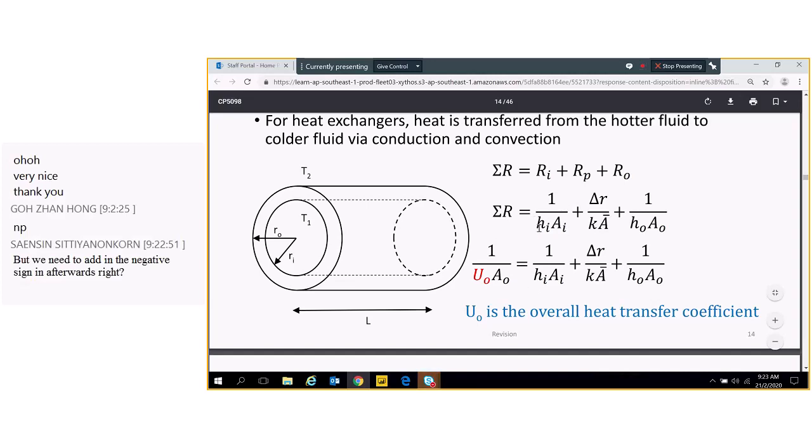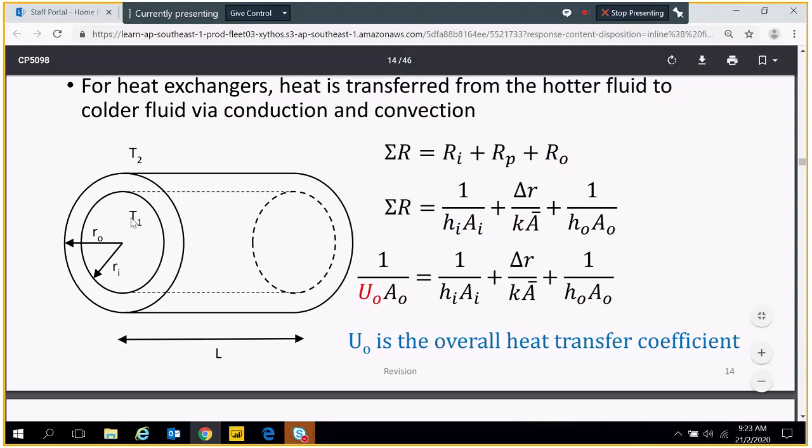The h_i is for the inner wall surface. It's heat transfer by convection from the bulk of the liquid or bulk of the steam to the inner wall surface. That's h_i. A_i is based on Ri.